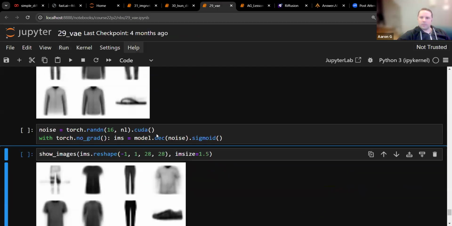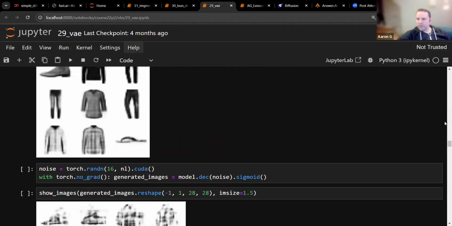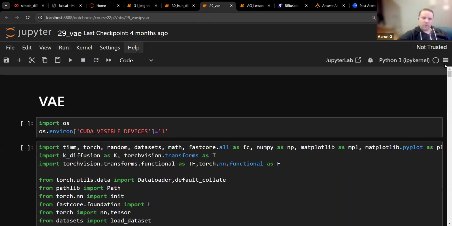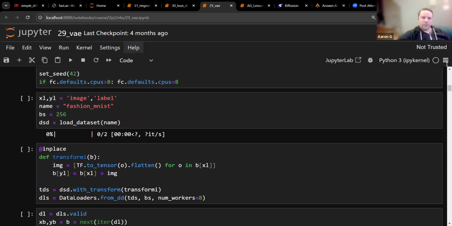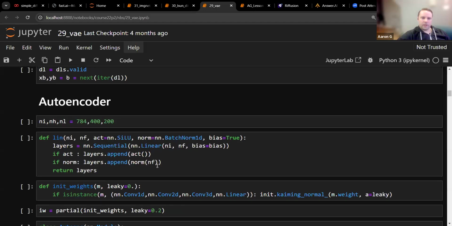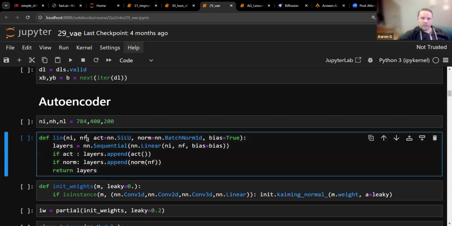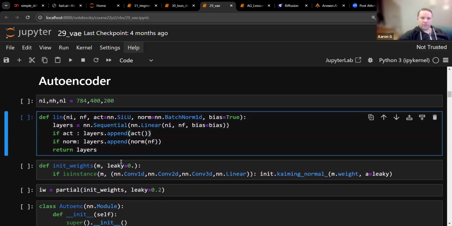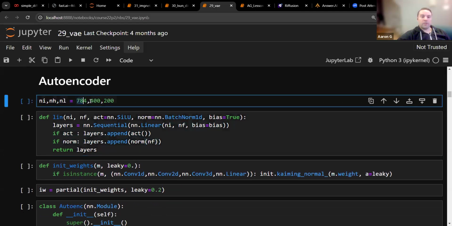And so we scroll to the top of this, and we can look at what those results look like here. Yeah, so pretty basic linear layer goes in with this. Input, sorry, 784, 400 hidden units, and then 200 output.